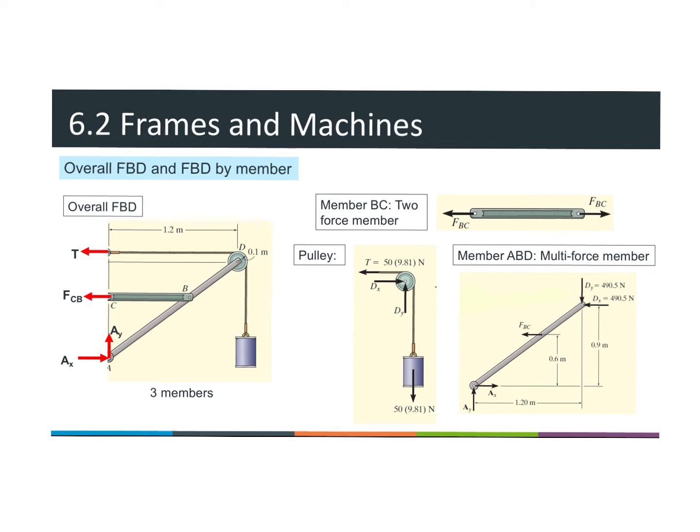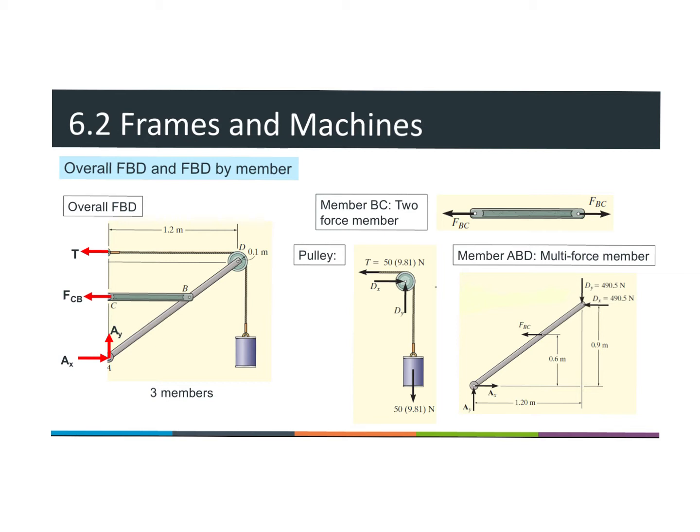Okay, so first thing first, in order to solve this problem, let's say for example I came up with this question. We have a three force member ABD, a multi-force member ABD, and then we also have a two force member BC, and we have a pulley and also a load here with a tension wire, right?